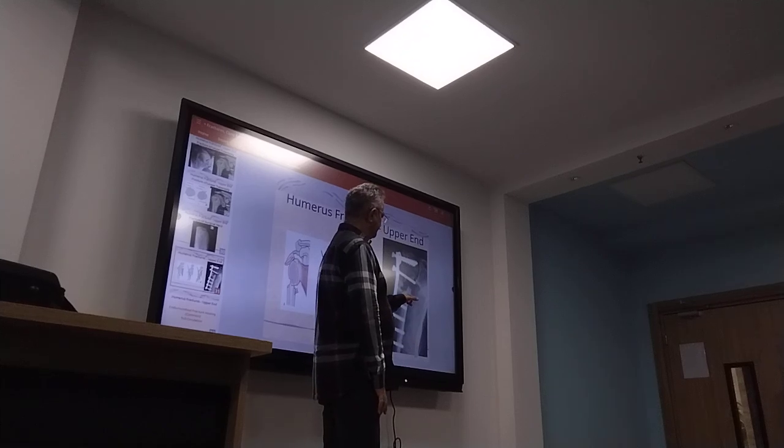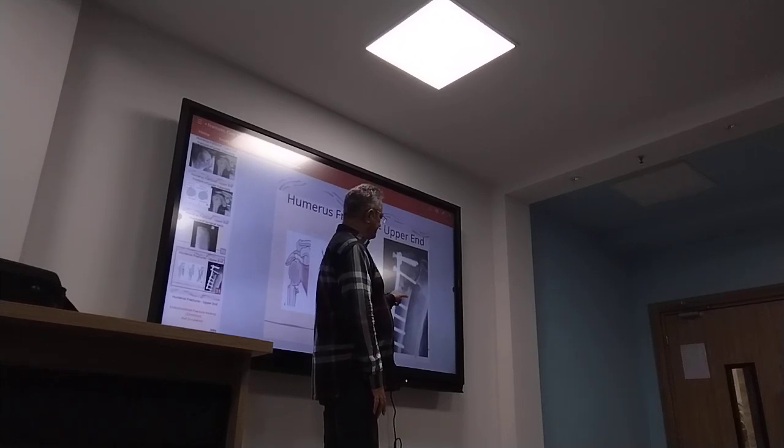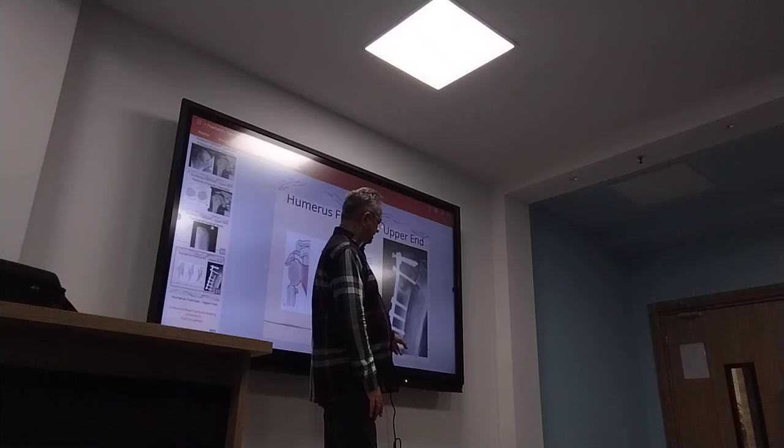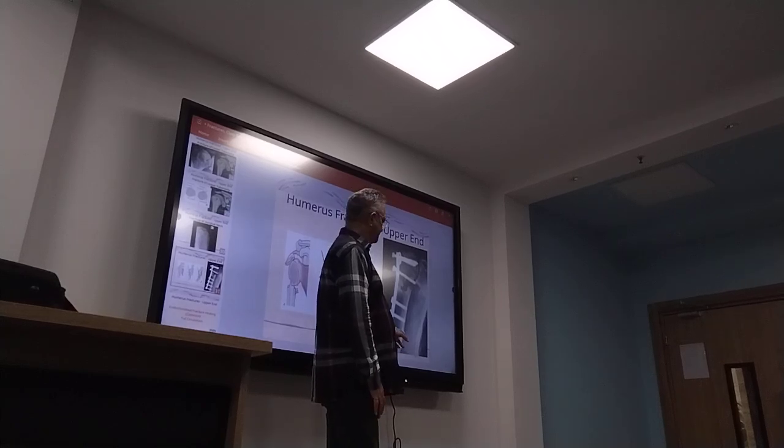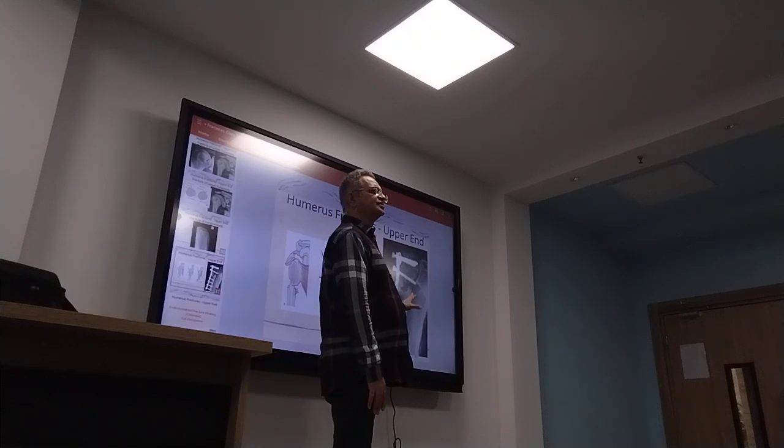So 1, 2, 3, 4, 5, 6, 7. If the bone is 10 millimeter wide, and each screw is 2 millimeter, with 7 screws the total is going to be 14.